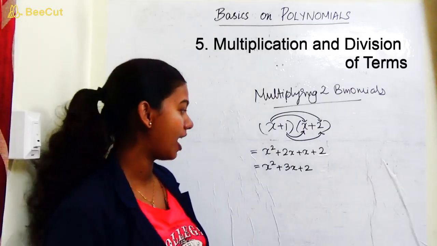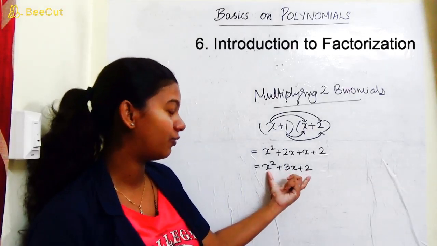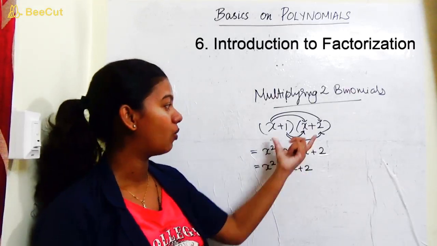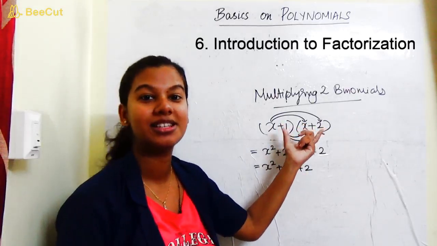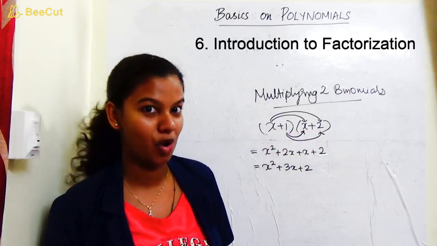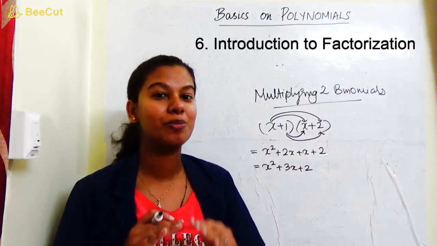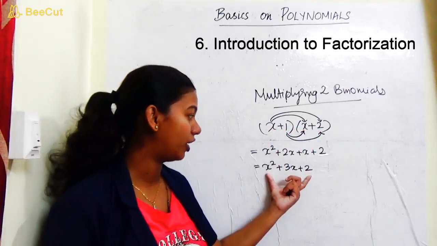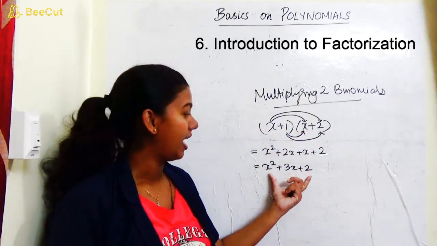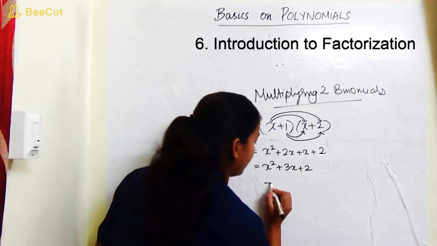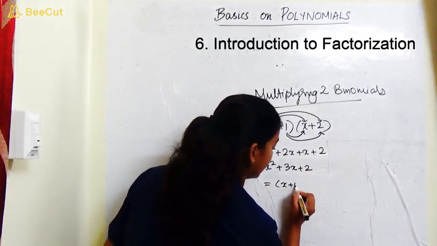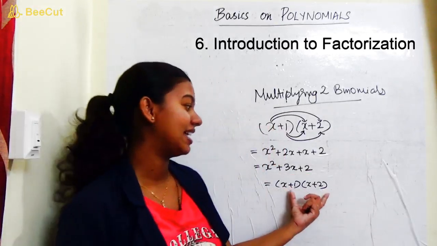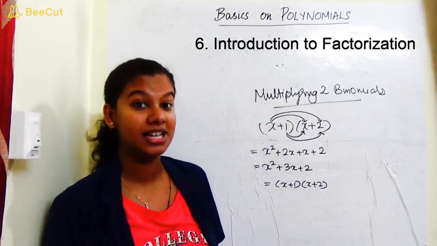Now you have seen this form, this standard form of a polynomial. Okay. What about this form? This is called the factorized form. I already told you, I will give you a small introduction to factorization. So if we have a polynomial in this form, and if we are converting it into this x plus 1 into x plus 2 form, this is called the factorized form.